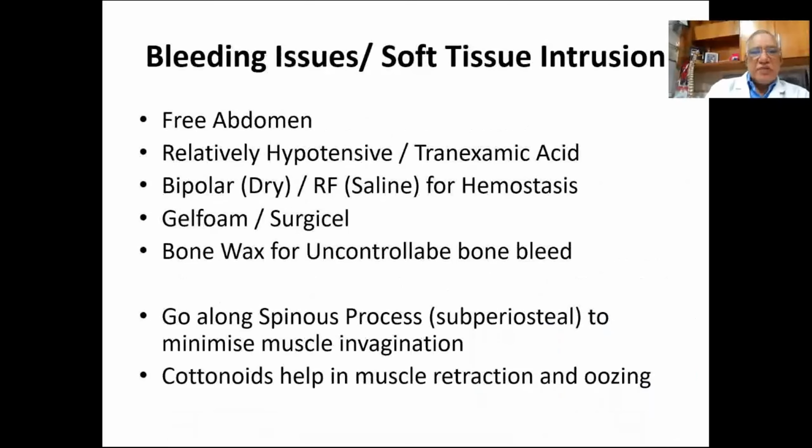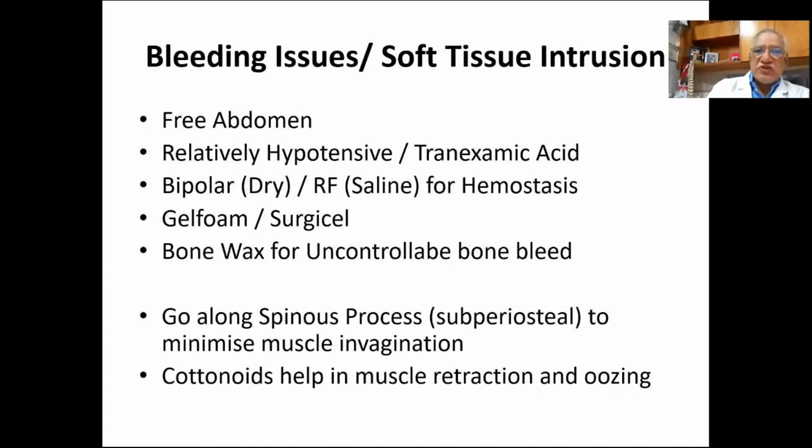For dry endoscopy, bipolar cautery is a great help, and during saline endoscopy, RF is a great help to control bleeding. Other modalities to control bleeding are Gelfoam and Surgicel. We all are conversant with the use of these in our spine surgical practice. Bone wax is also of great help for uncontrollable bone bleeding.